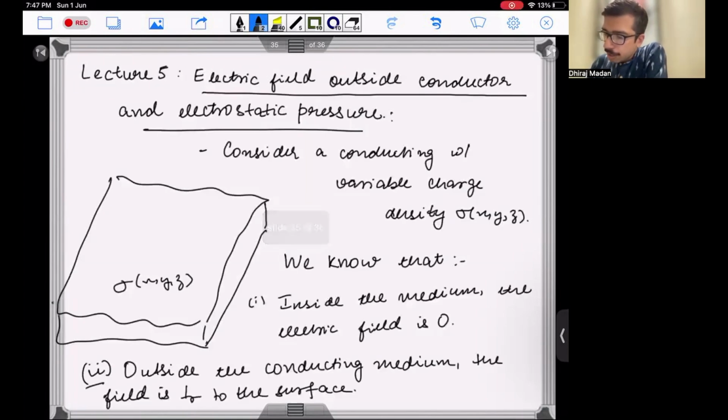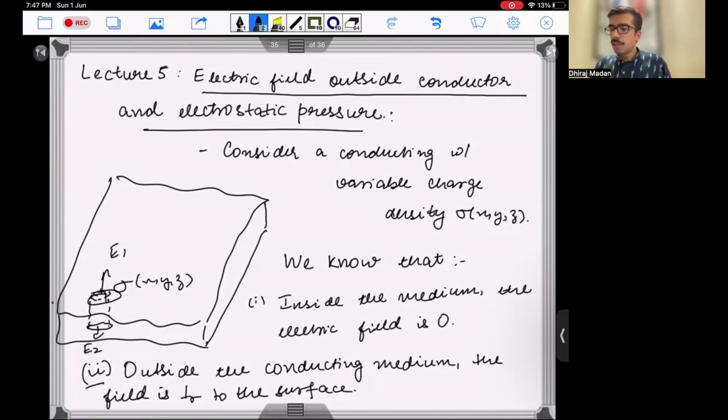So when you have a conducting surface, we'll consider a small cylindrical box with a radius r and a height which is almost negligible, going off to zero. We choose this cylindrical surface such that one surface has electric field E1, outside the conducting medium, and the other part has E2, lying within the conducting medium.